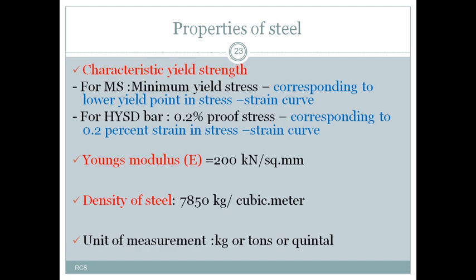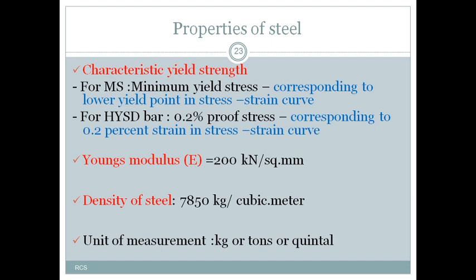The characteristic yield strength for a HYSD bar is calculated corresponding to 0.2% strain in the stress strain curve, because for HYSD bars we will not get definite yield points like lower yield point and upper yield point.